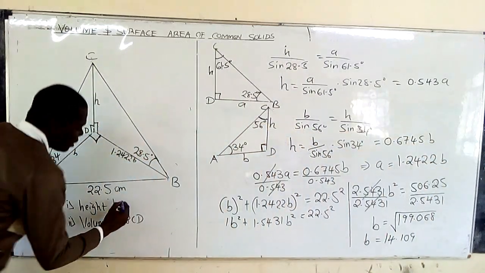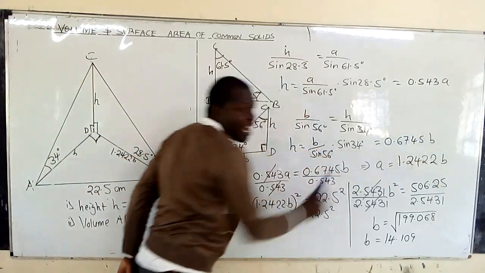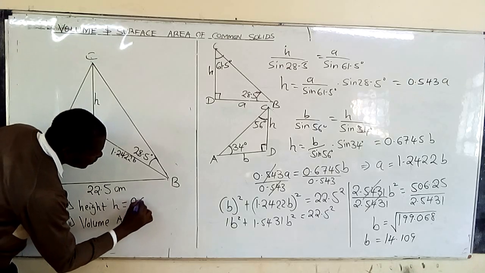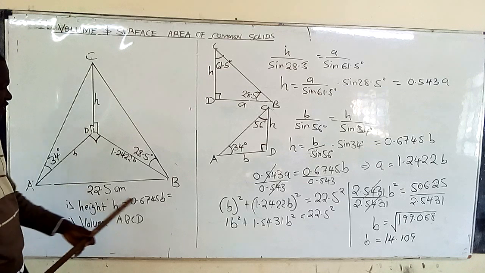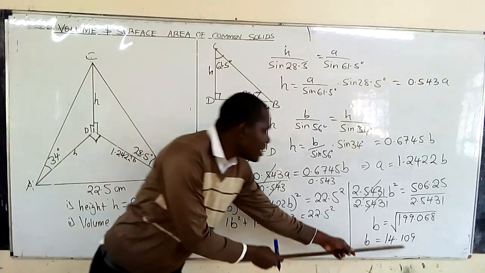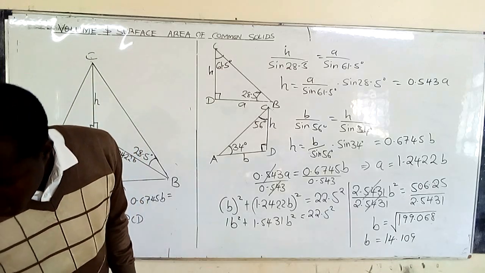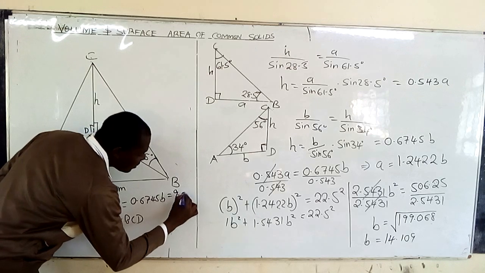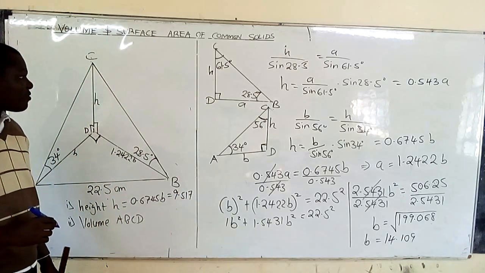Right here, we found edge to be 0.6745 B. What do you get to be edge? 0.6745 times B times 14.109. What is edge? 9.517. Are we together? Yes. You found edge.